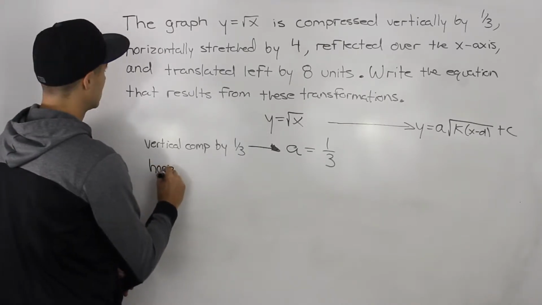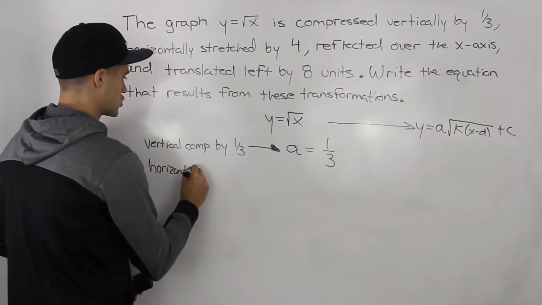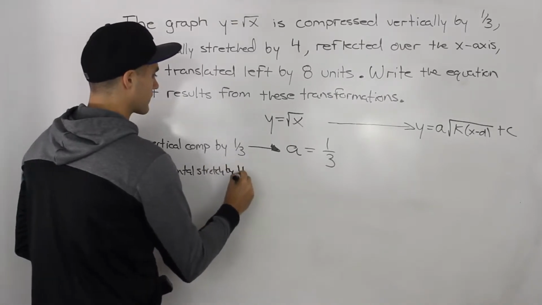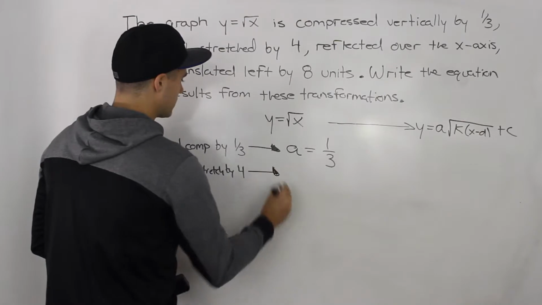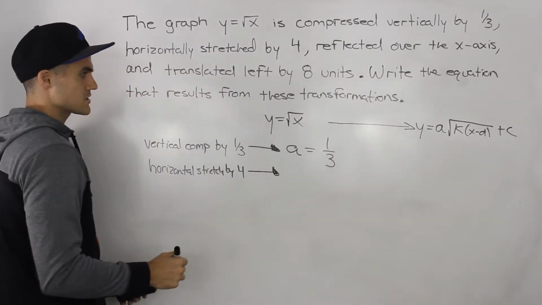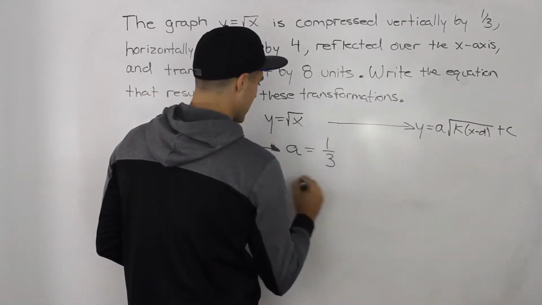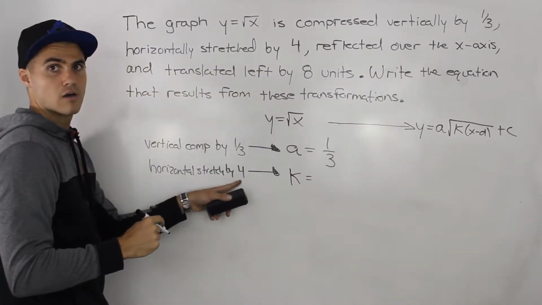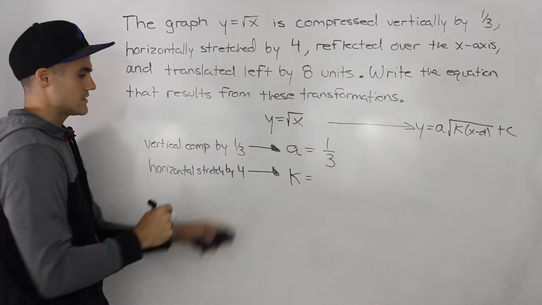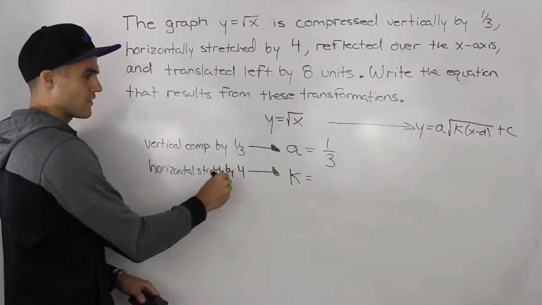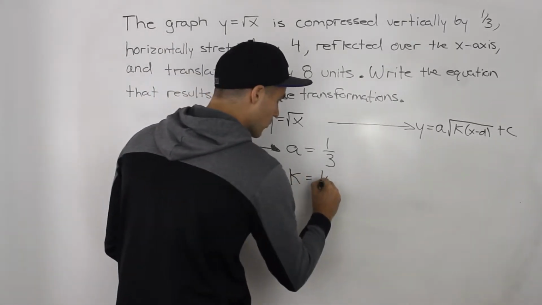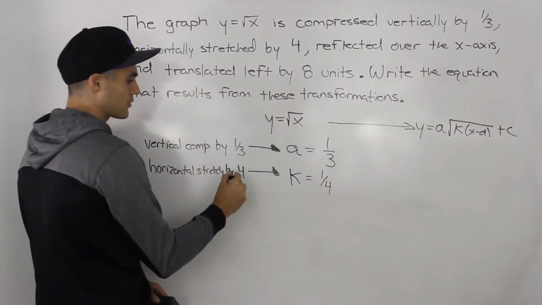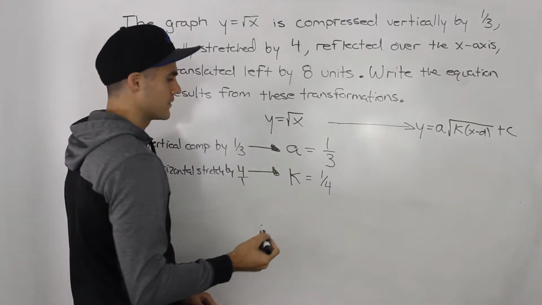Horizontal stretch by 4. Now, when you're dealing with horizontal stretches and compressions, that deals with the k value, and the k value is always tricky because it's always the reciprocal of the factor. So if it's horizontally stretched by 4, that means the k value is going to be 1 over 4, which is the reciprocal of 4 over 1.